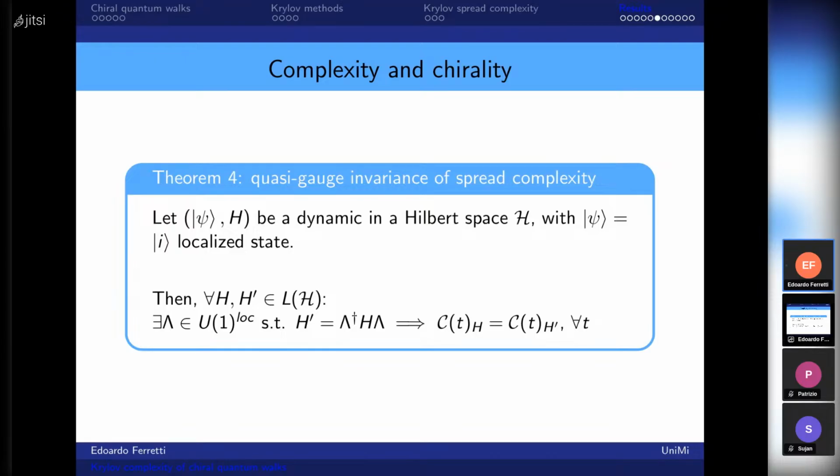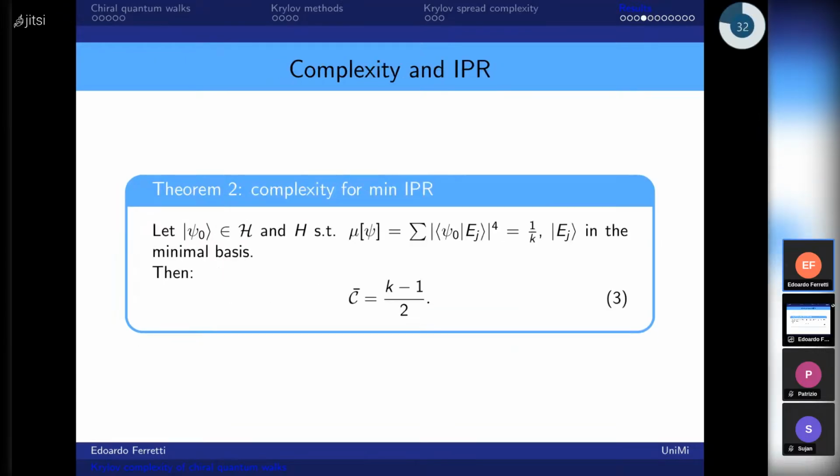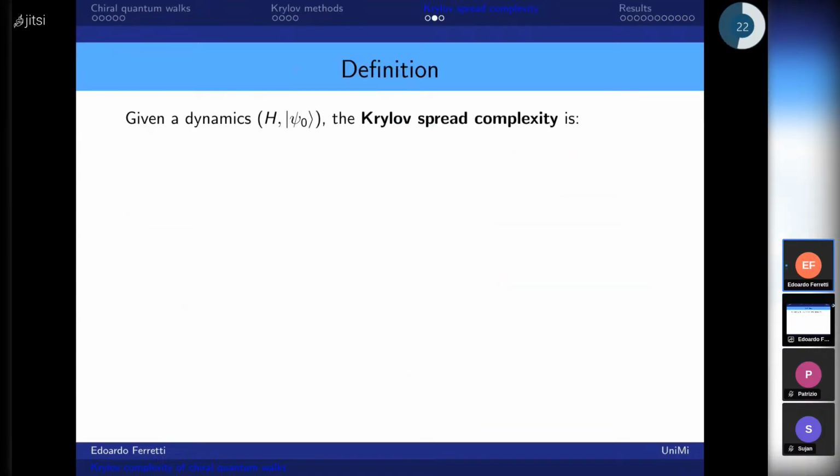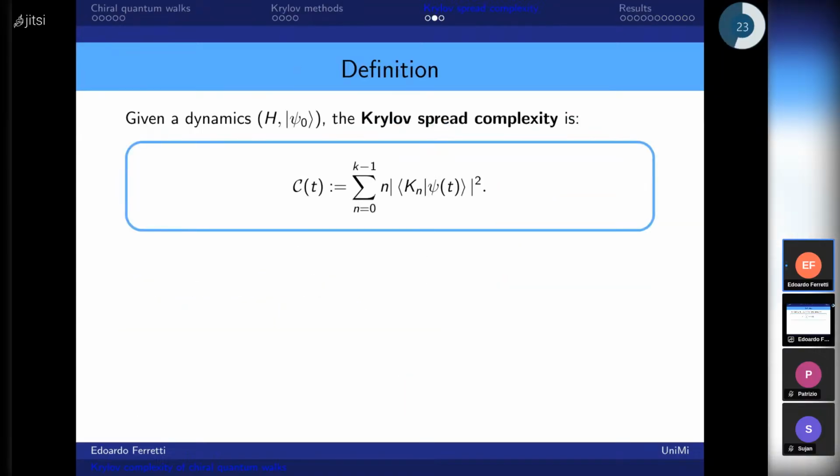And this is also not a consequence of the invariance of transition probabilities between localized states, because if we take back the definition of complexity, which is back here, even if psi 0 is localized, these Kn in general are not.